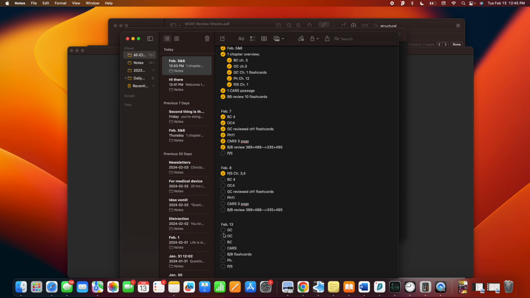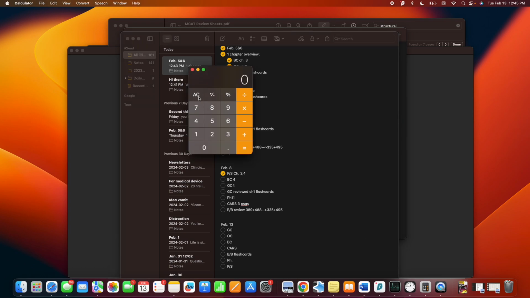So we have 7 categories, and I want to study till 2 p.m., which gives me an hour and 15 minutes. That would be 60 plus 15 minutes, that is 75 minutes. If we divide 75 by 7, we have about 10 minutes for each category.